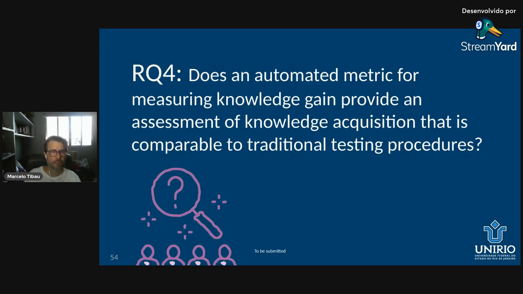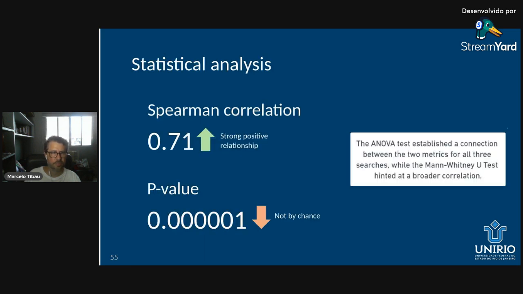Concerning the fourth research question, regarding the comparability of a knowledge gain metric to a traditional transfer of learning measurement, I answer positively here, although I haven't yet submitted it anywhere. I ran some statistical analysis here.